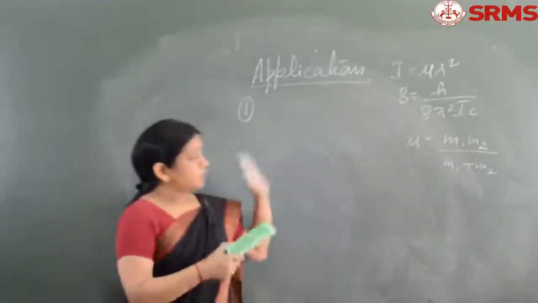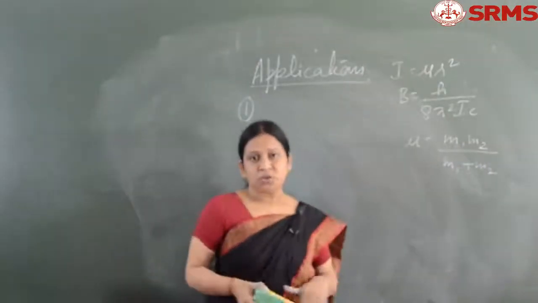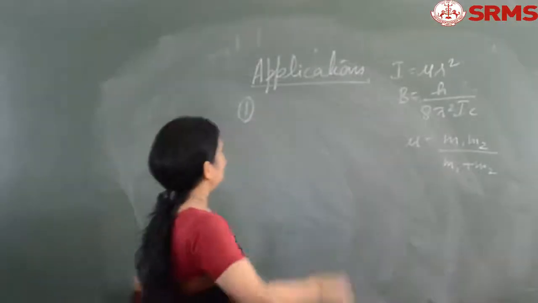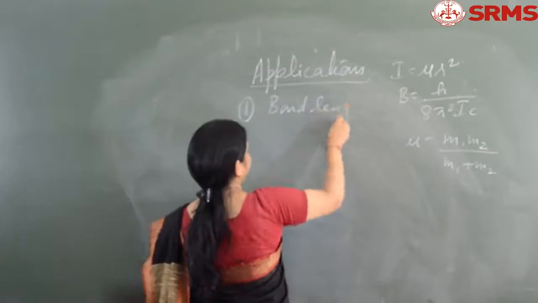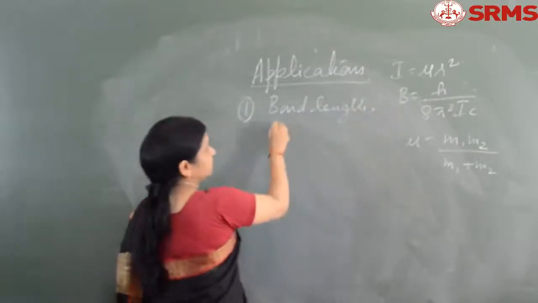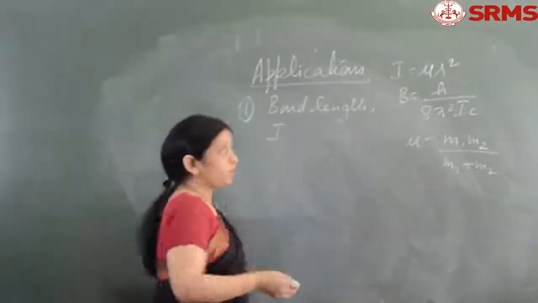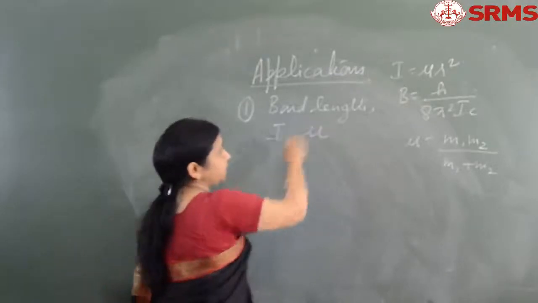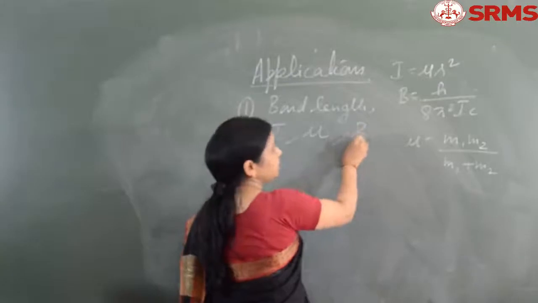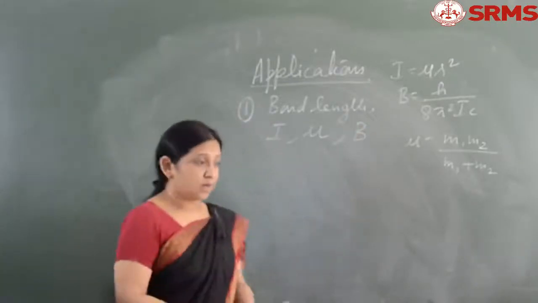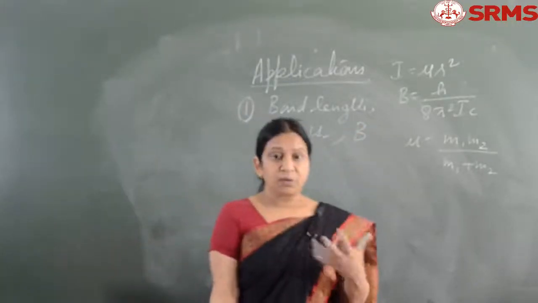So all the terms used in these equations, I can calculate them. So I can calculate bond length, I can calculate I, which is moment of inertia, I can calculate mu, which is reduced mass, I can calculate B, which is rotational constant. So these are the things which can be calculated.